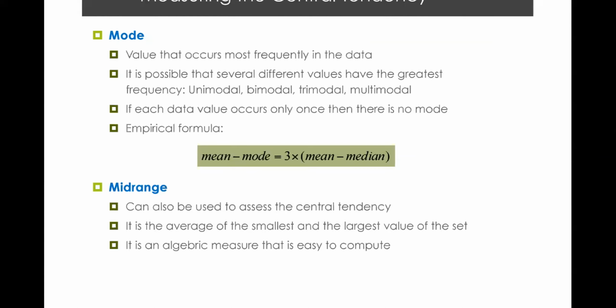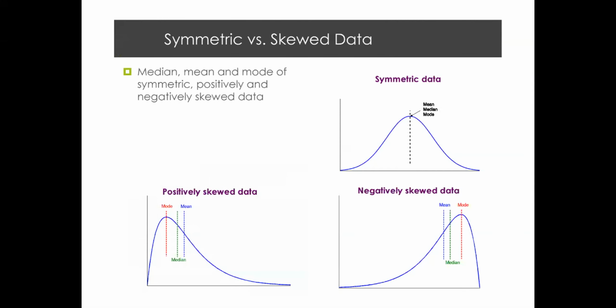See, this diagram shows the relationship between the mean, mode and median values. The data can be symmetric, positively skewed or negatively skewed. For example, here we consider symmetric data. All are symmetric. Where the data rises more in the positive direction, that is positively skewed data.